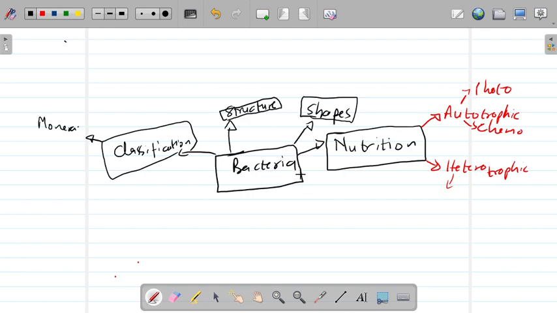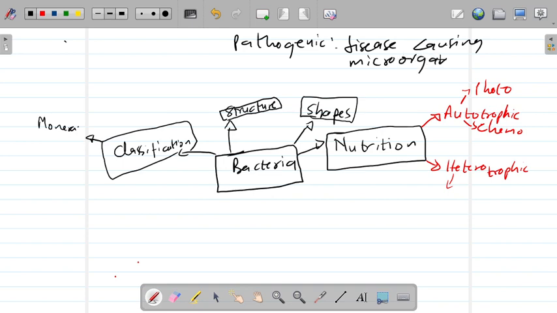Any microorganisms that are disease causing are known as pathogenic. Pathogenic means disease causing microorganism. So the ones that are mutualistic, basically they don't cause disease, so we can't say that they are pathogenic.